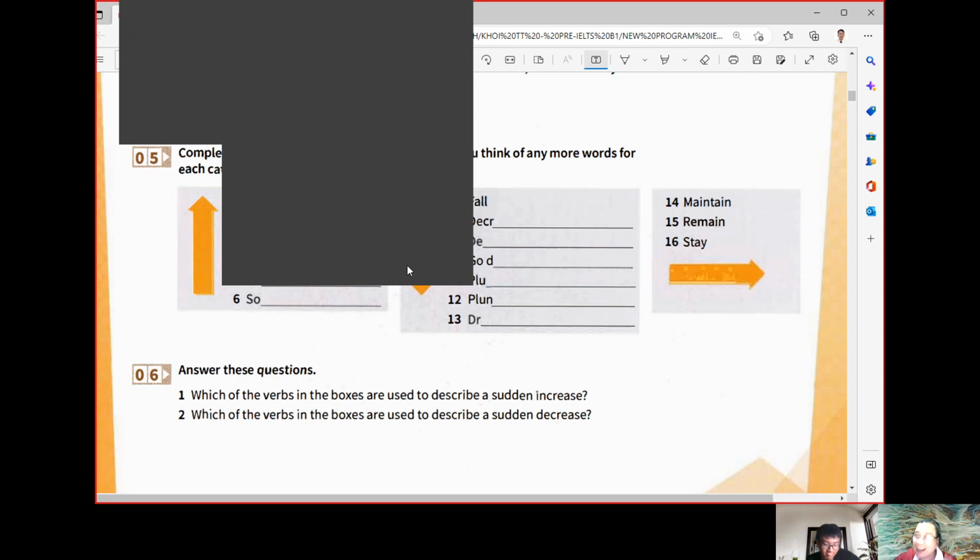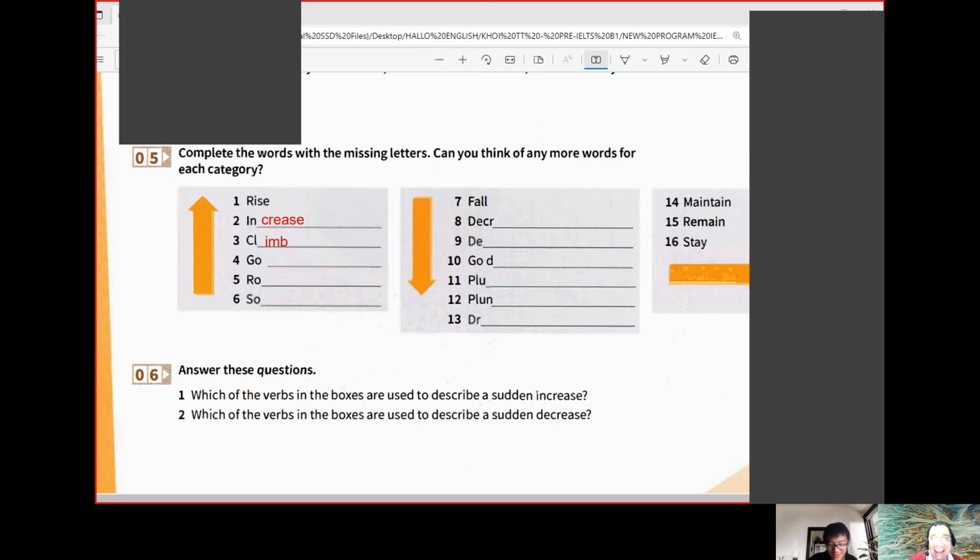There would be a tree, and you are going to tell the person to rise up to the tree, above the tree. So what are you going to say? Climb. Rise is also the same; I can also say climb. Yes, that's correct. Aside from climb, aside from increase, rise could be go up.